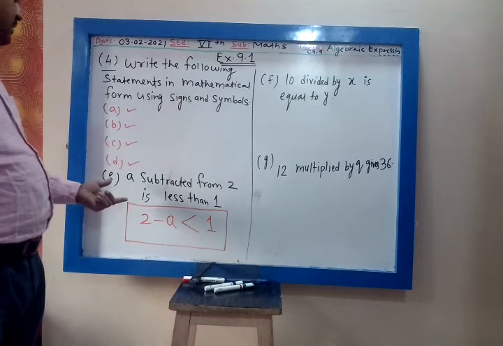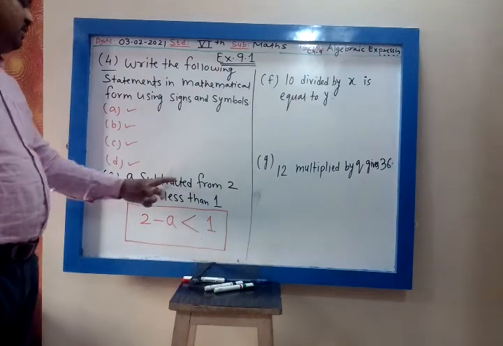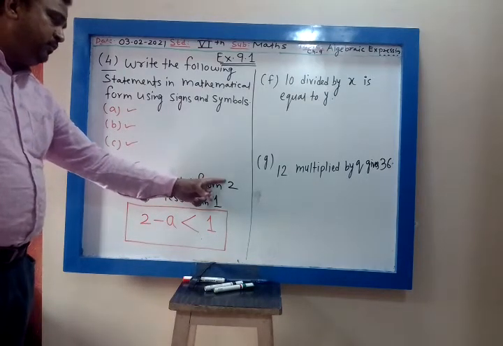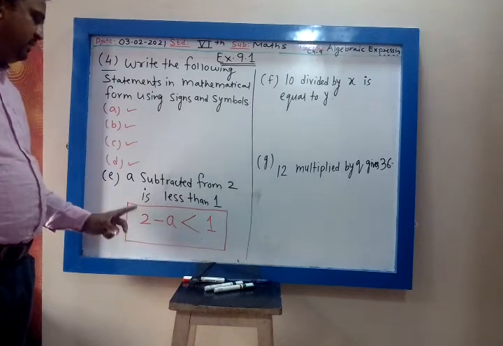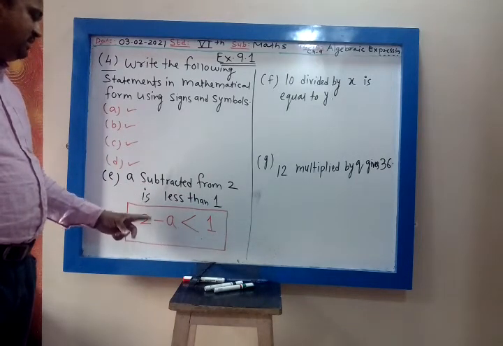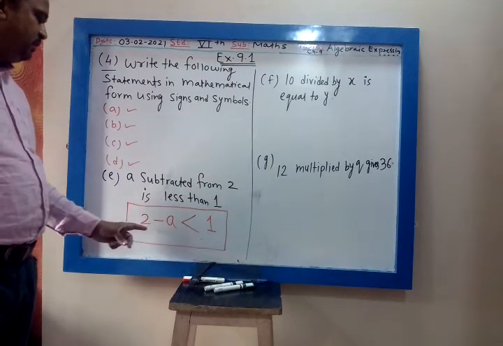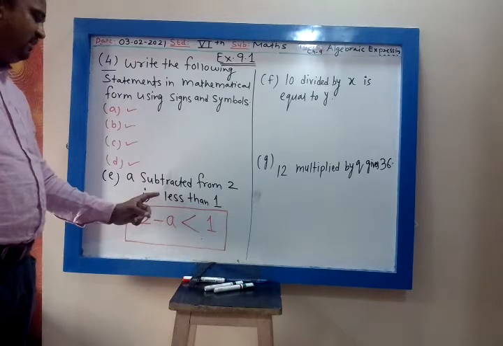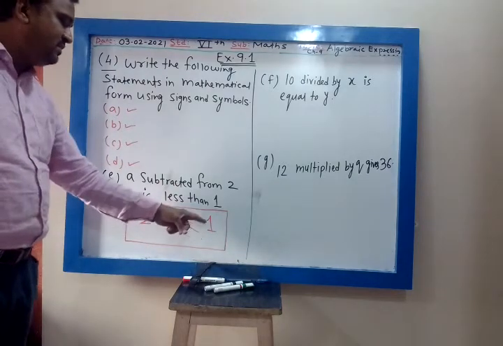So A subtracted from 2 is less than 1 means from 2, so we write 2 first, then subtracted means minus A, so 2 minus A, and it is less than 1, we write less than 1.